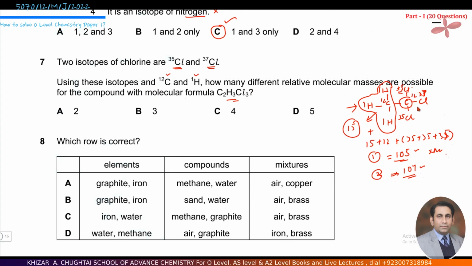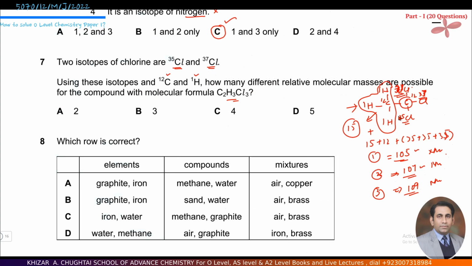If the next one has two atoms of 37 mass, two atoms of Cl showing 37 mass and the third one of 35 mass, the third Mr, or third mass, will be equal to 109.